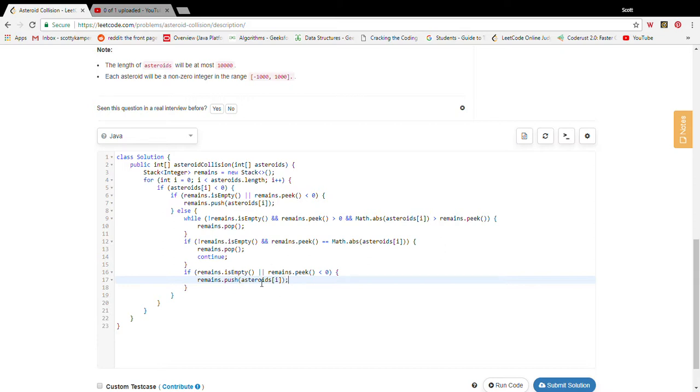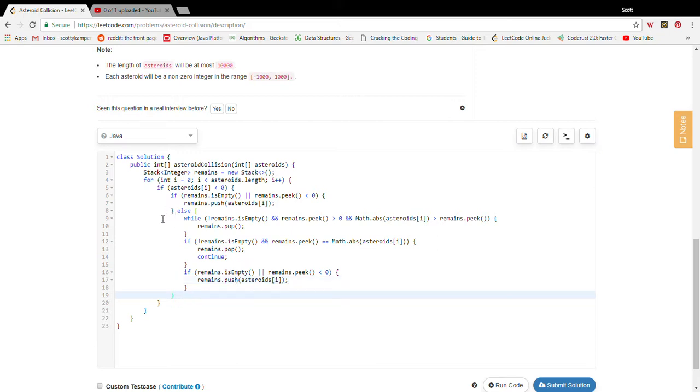So what does this case represent? This means that we have exploded all the asteroids, all the right moving asteroids that were in our way have been exploded, and we only have either no asteroids or only left moving asteroids, which means this current asteroid, left moving asteroid we are processing, gets pushed onto the stack.